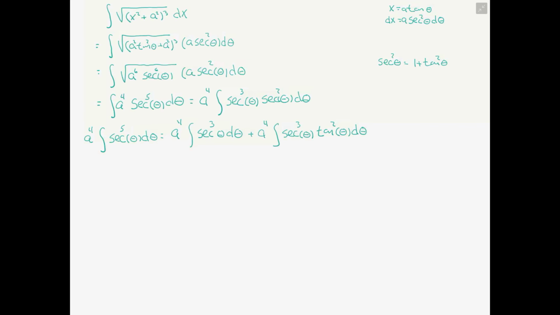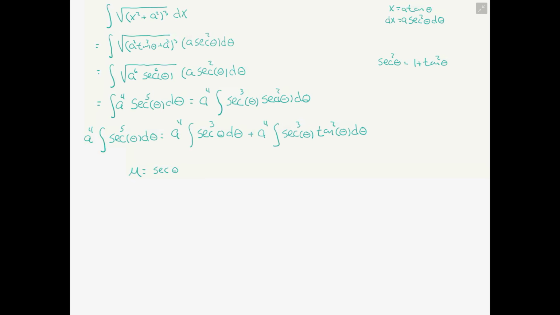With both integrals, actually, the secant to the third power integral and the secant to the third tangent squared, we're going to be using integration by parts for both of those integrals.